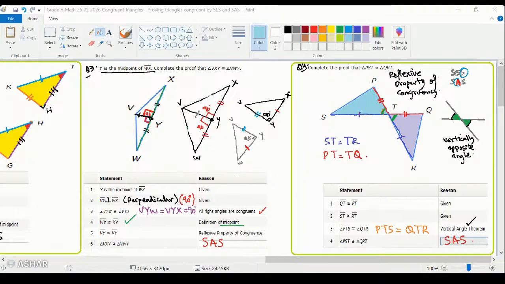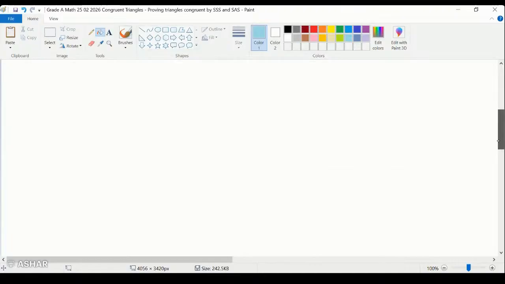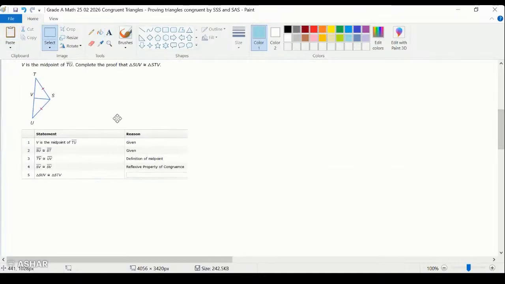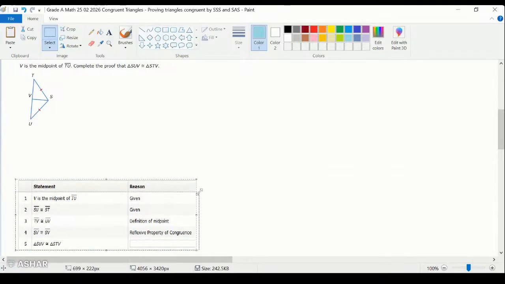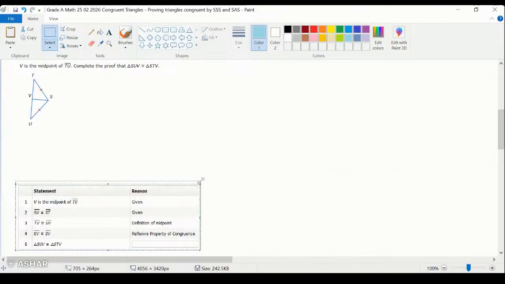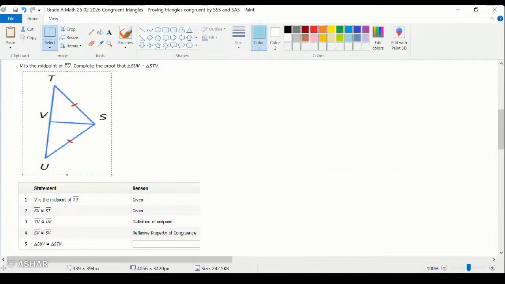Question number 5 says, let me just copy the question. They are giving us a midpoint. Let's see which property would be applied over here. In question number 5, this is the given information. These are the given properties, and this diagram was given to us.